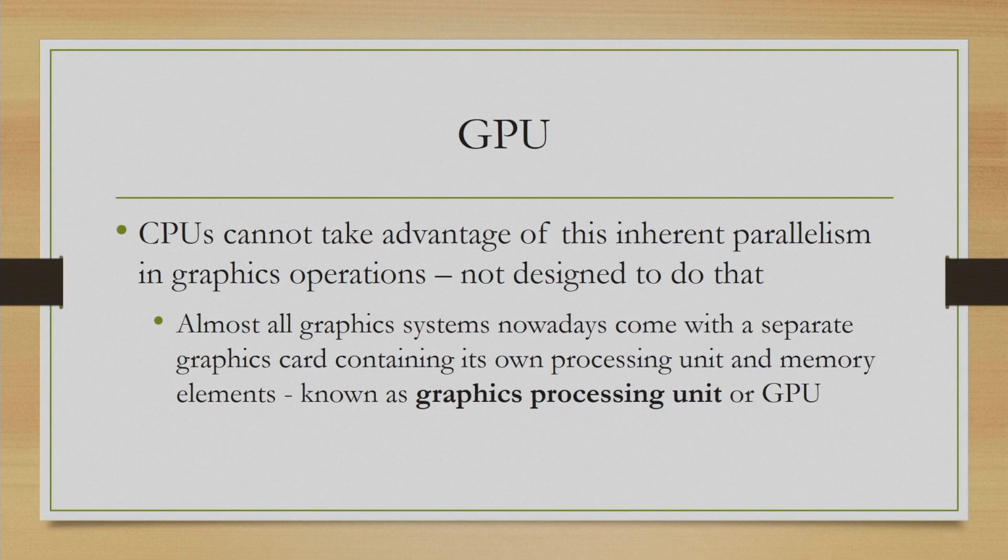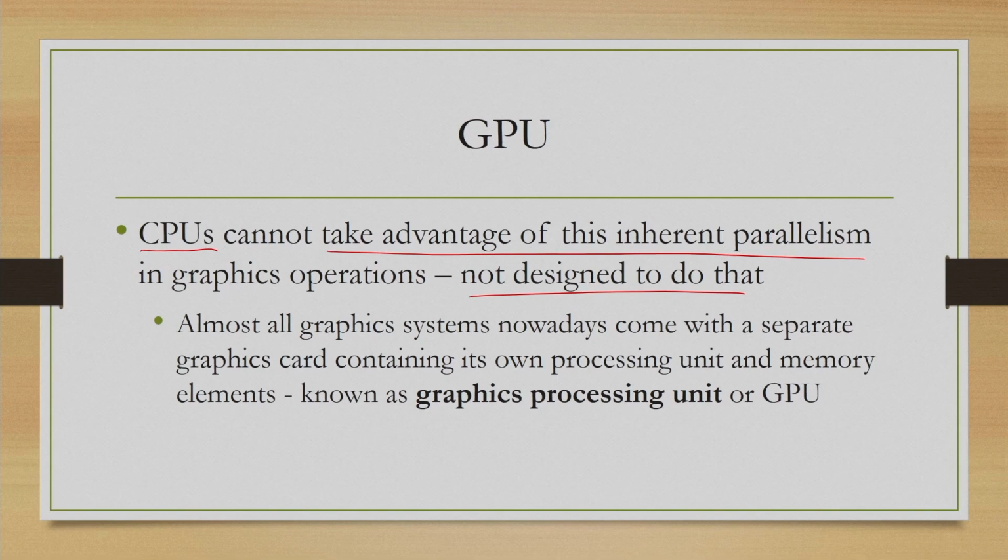If we are performing these operations using our CPU, then we cannot take advantage of this inherent parallel nature of the graphics operations, because CPUs are not designed for that.